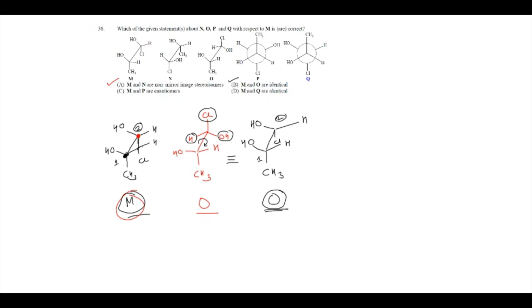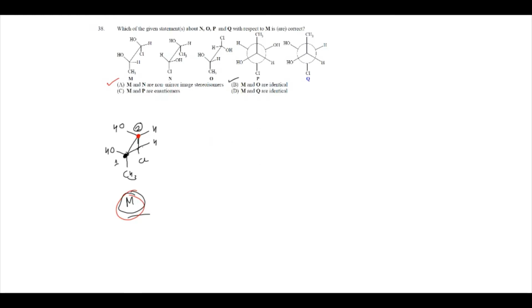So the single bond connecting the two carbons, then the carbon which is near to us: CH3 at top, OH at left-hand side, and hydrogen at right-hand side.